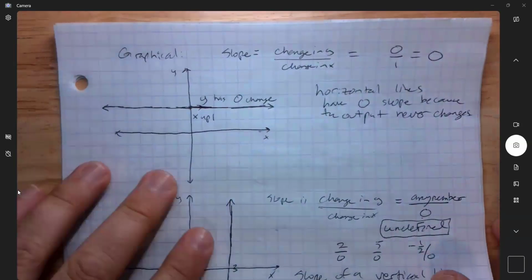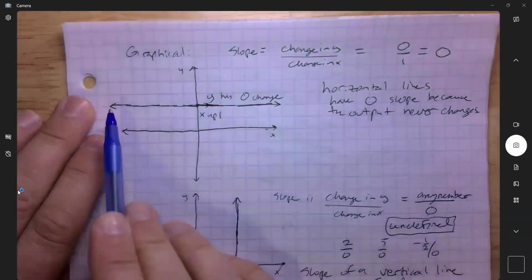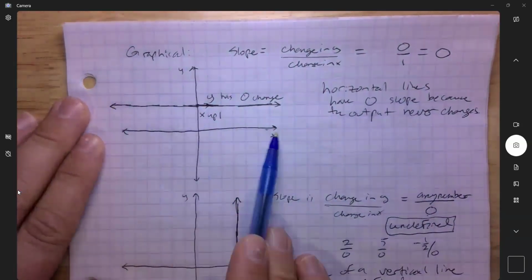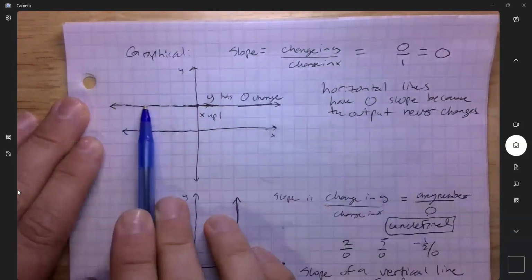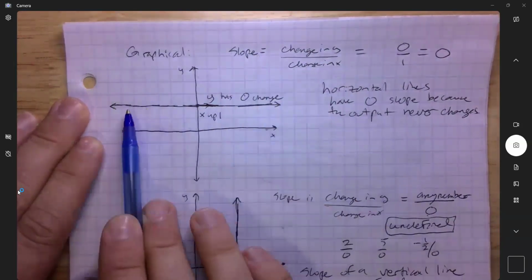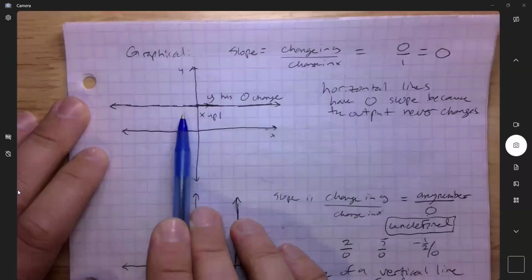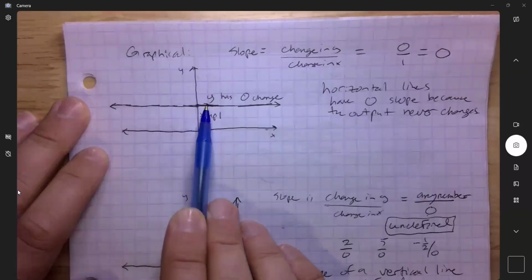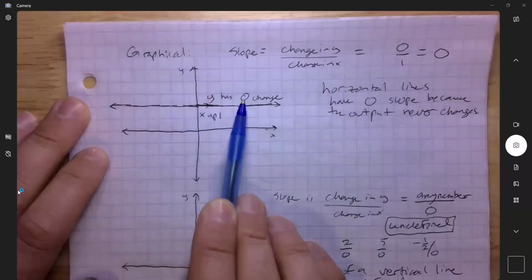I want to show you two other graphs where we might be thinking about slope. Now they're both lines, but they're special lines. So in this first one, there are my axes, and this line is horizontal, the line is flat. So if I were to calculate slope, when x goes up by 1, y has 0 change.